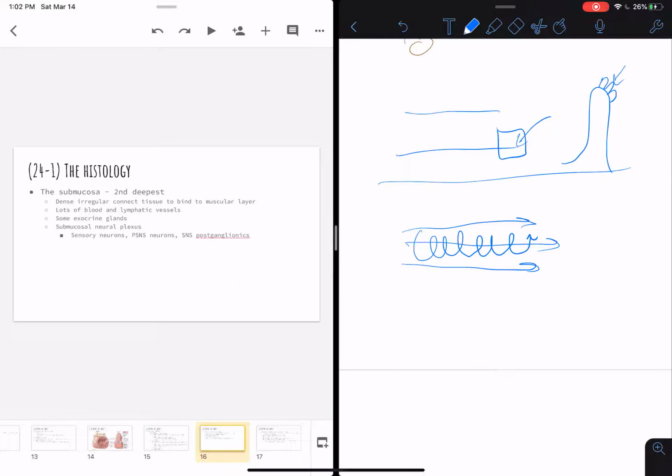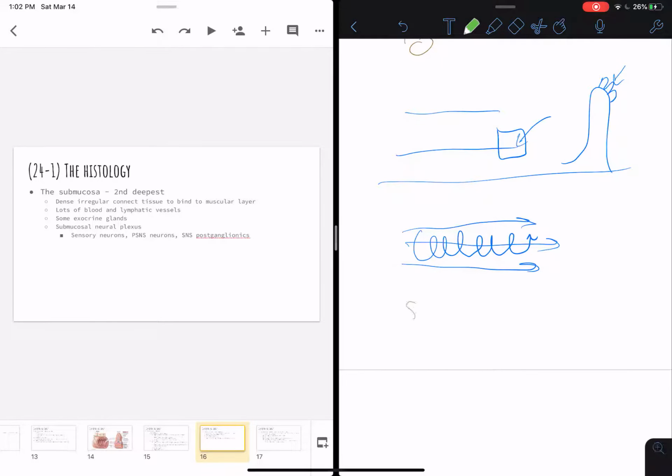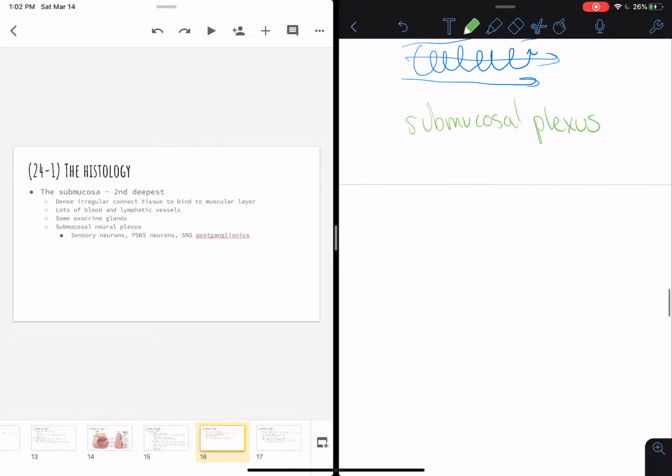All right, the next deepest is the submucosal layer. And here what's really important is we have our submucosal plexus, nerve plexus here. And this plexus is important for local control of what's happening in the small intestine.